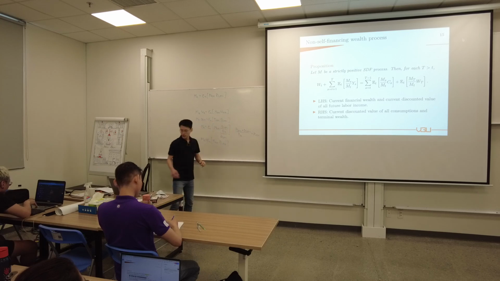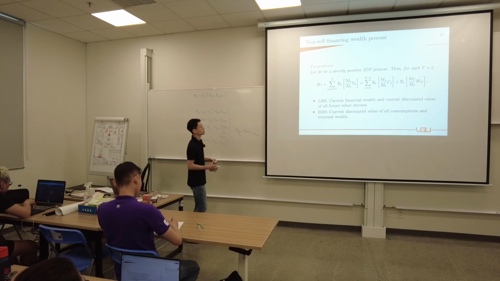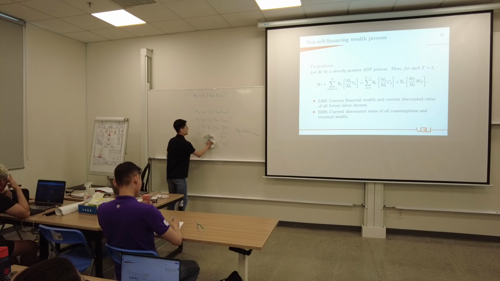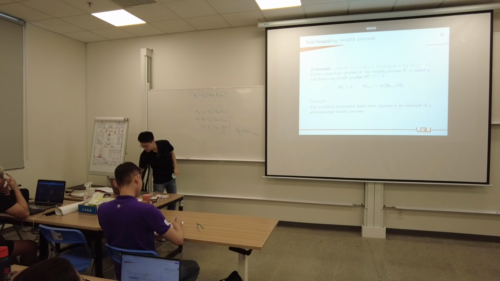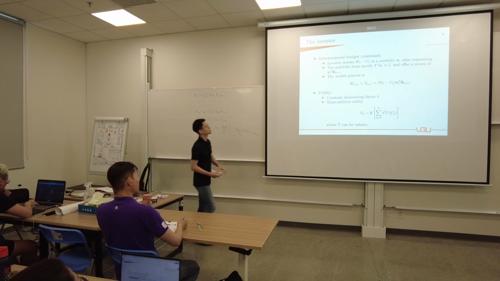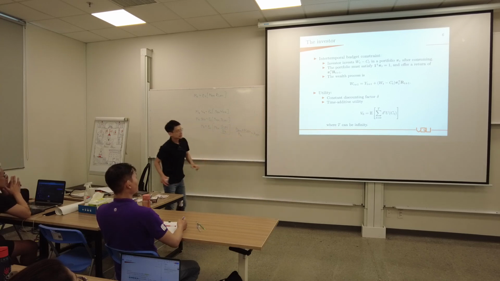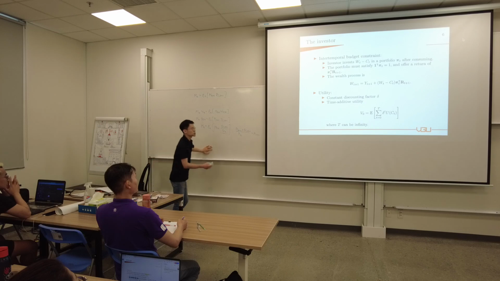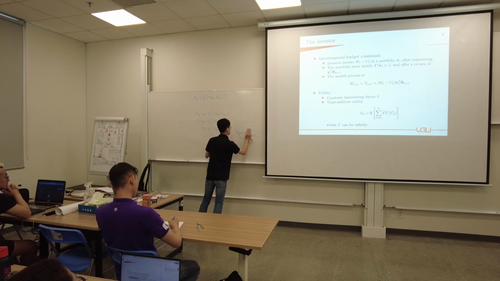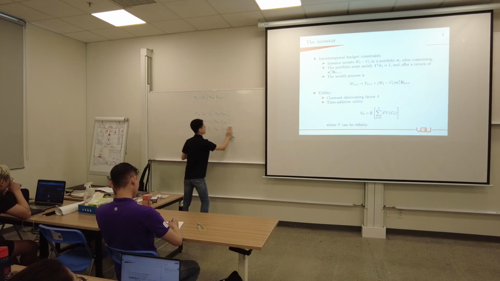and we can show that this is true using the intertemporal budget constraint. So what is the budget constraint we have at the beginning of today's class? This is the intertemporal budget constraint, and we will show that the overall budget constraint can be implied by this intertemporal budget constraint.